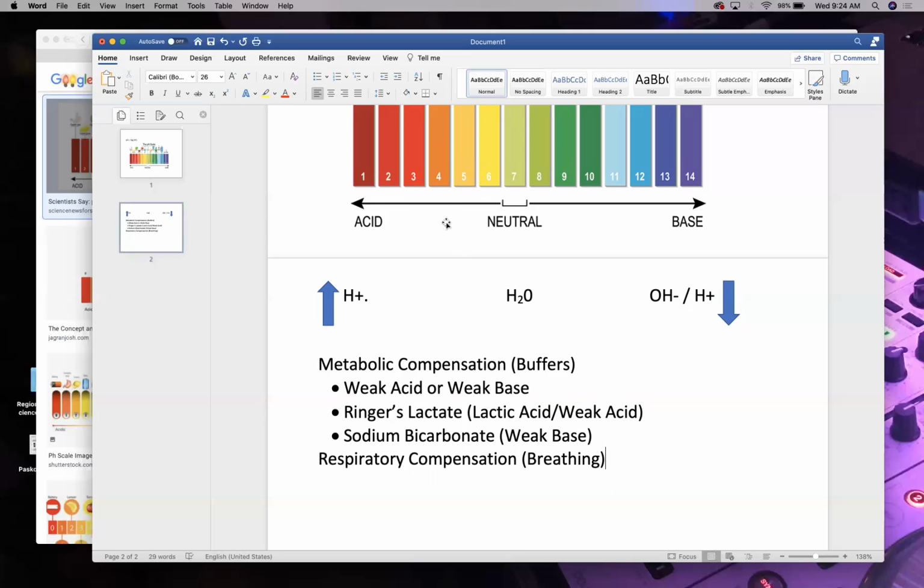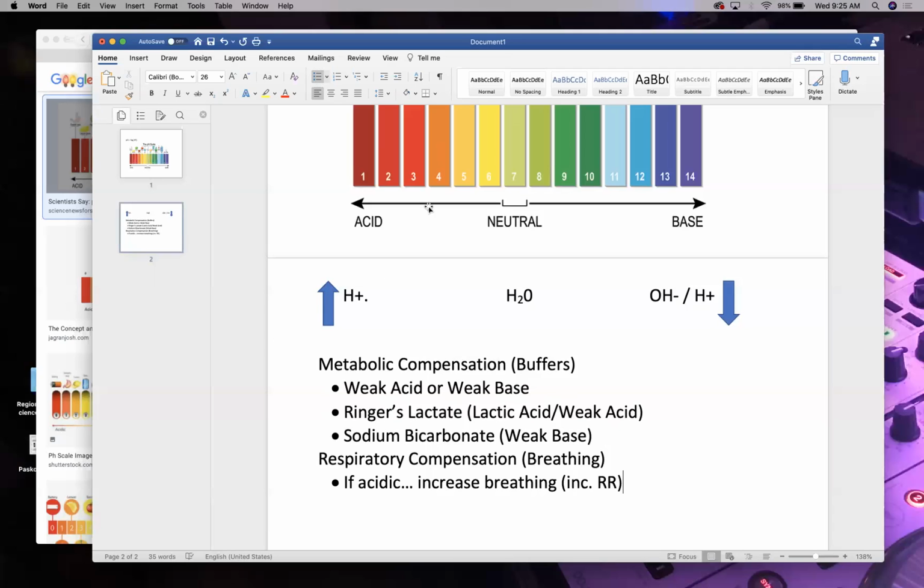And if you're retaining carbon dioxide, you're going to want to breathe that out. So one respiratory compensation is if you're acidic, you will have increased breathing or increased respiratory rate.